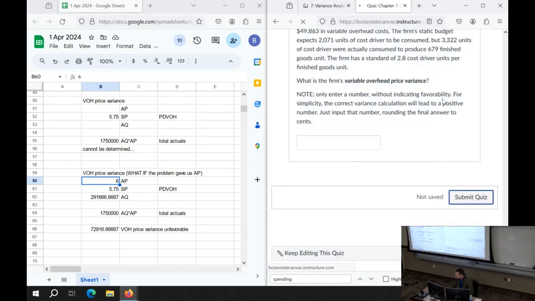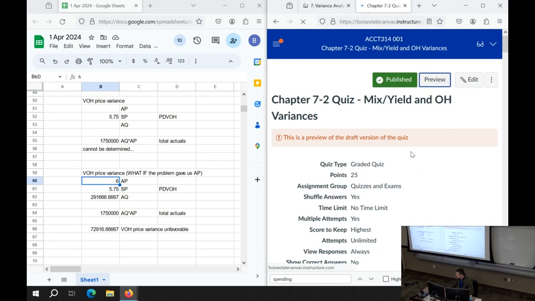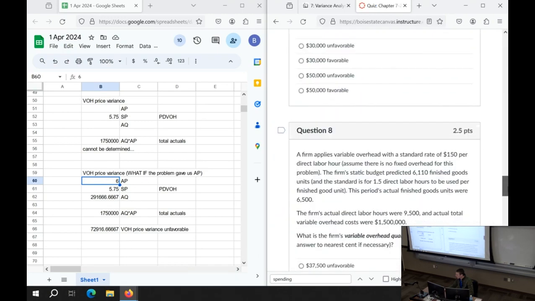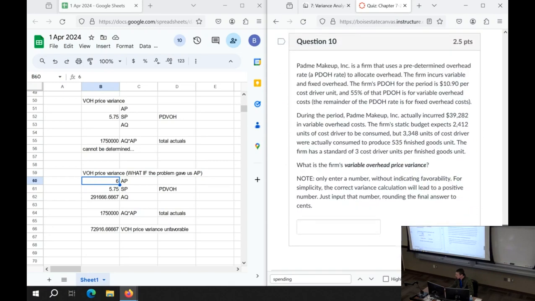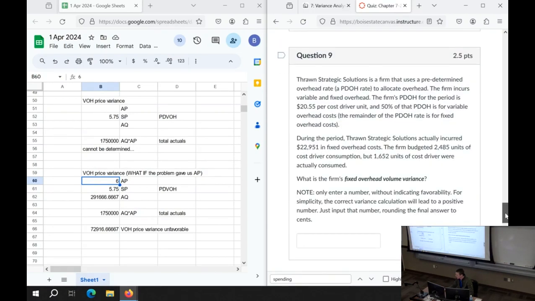Well, that's two open answer questions. Looks like every quiz here, sorting through the test bank here, and it really doesn't want to give me that kind of question.